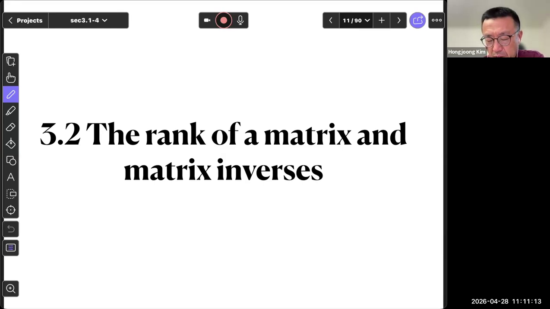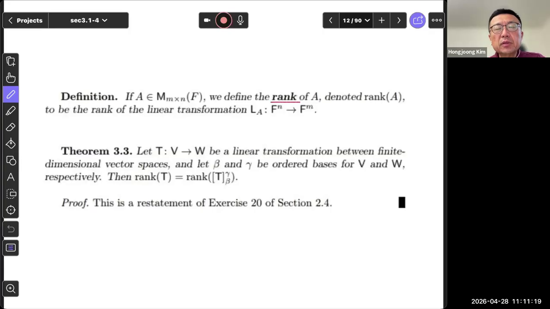Then in section 2, we considered the rank of a matrix. Now, previously, we considered the rank of a linear transformation, right?